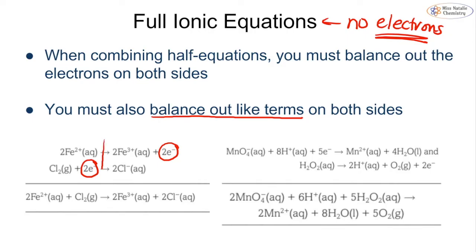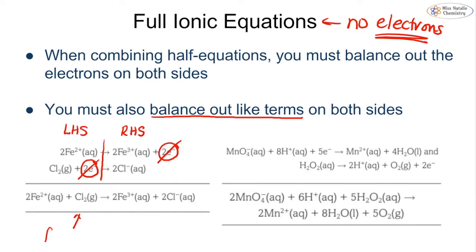Notice that I want to align all of my arrows so I can be looking at the left-hand side and the right-hand side. It just makes it a little bit easier for you. Because these electrons are balanced already, they are going to cancel each other out. All we do is rewrite the equation by collecting all of the terms on the left, then the arrow, and all of the terms on the right.